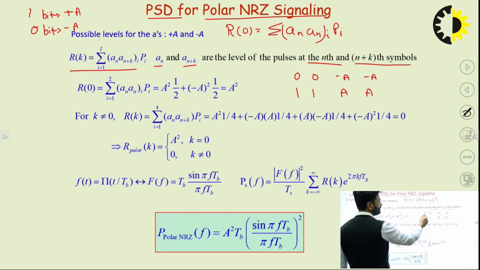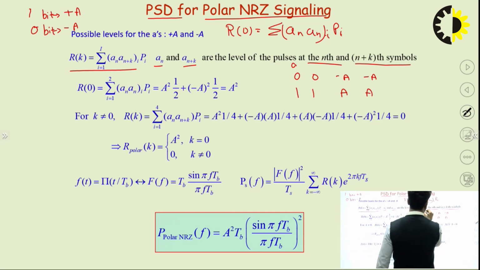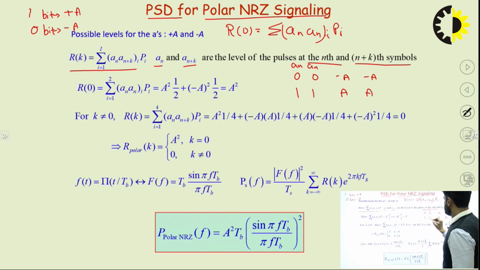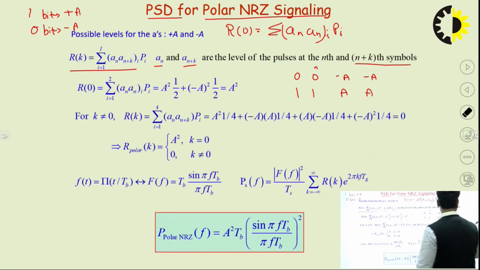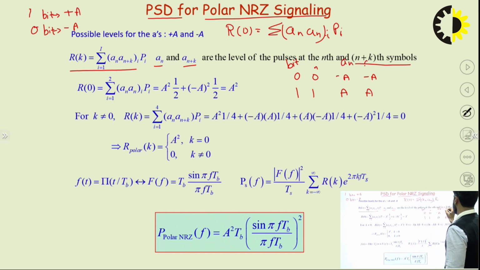Now, the square of this a_n gives A square and A square. The probability of getting each A square is 1 by 2.